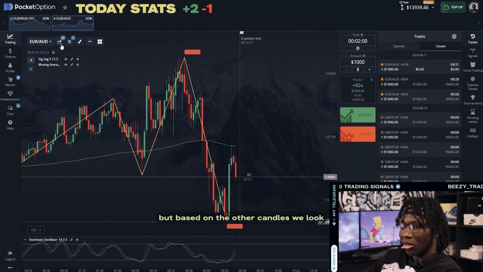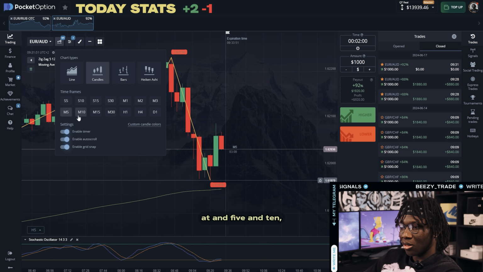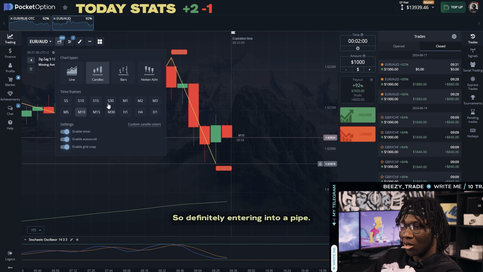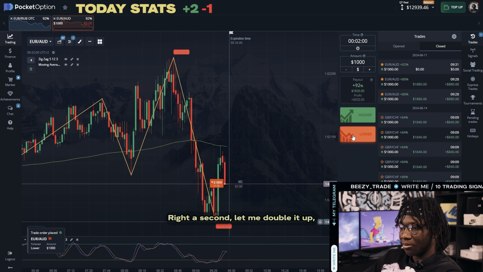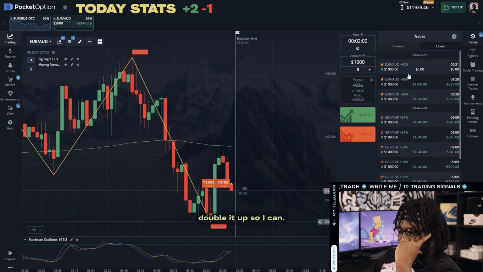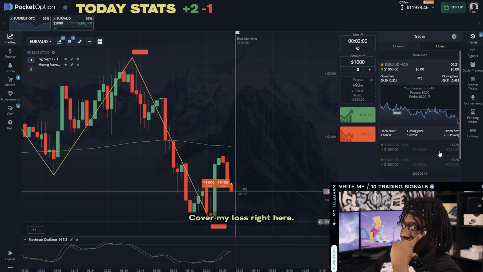But based on the other candles, we look at M5 and M10, we are in a downward trend. So definitely entering into a put. Right, a second, let me double it up, so I can cover my loss right here.